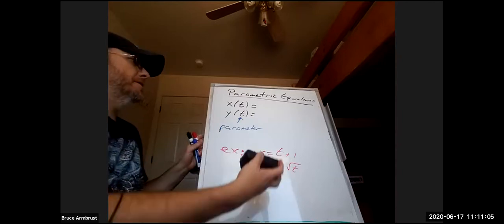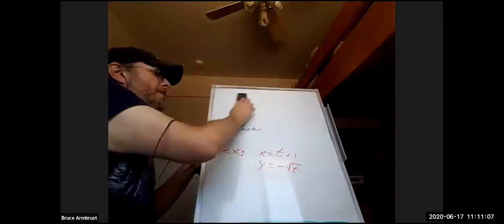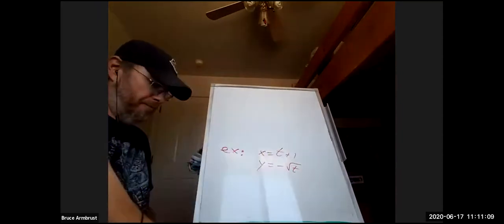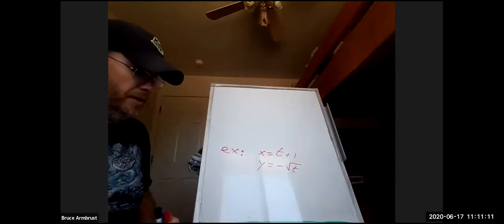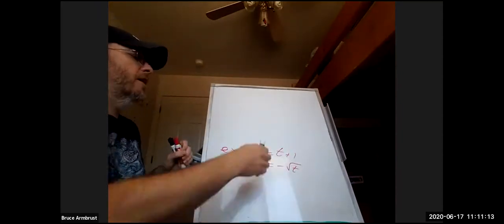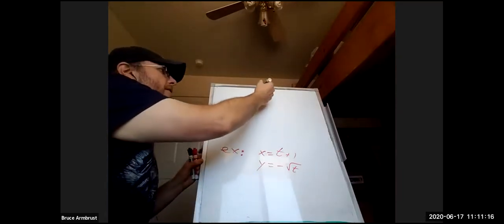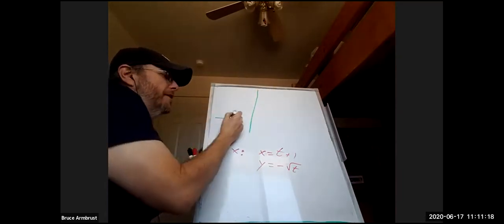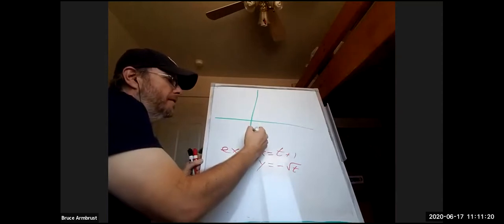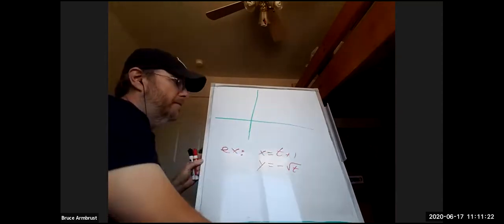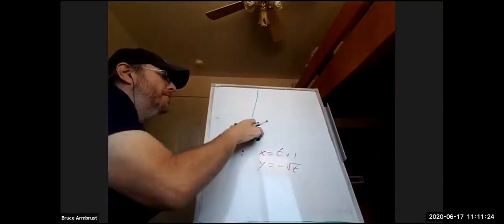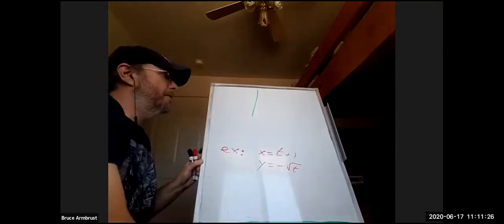So to explore this a bit, let's plot some points. Let's see if we can draw a graph of where we are at various times if we use this set of parametric equations. I'll move this up a little bit.